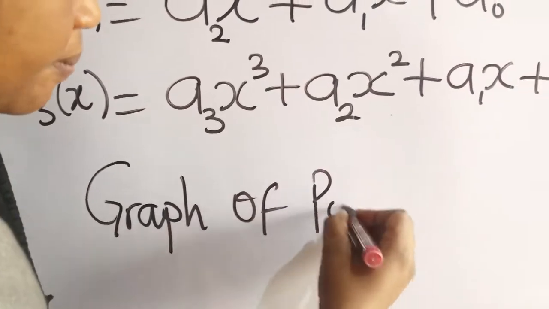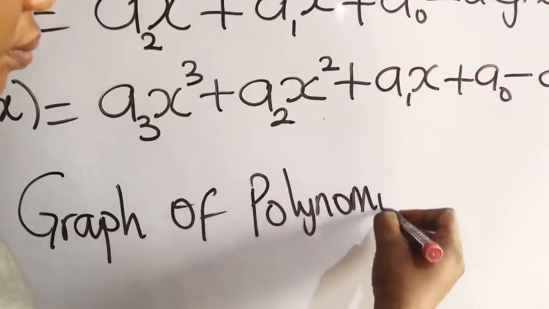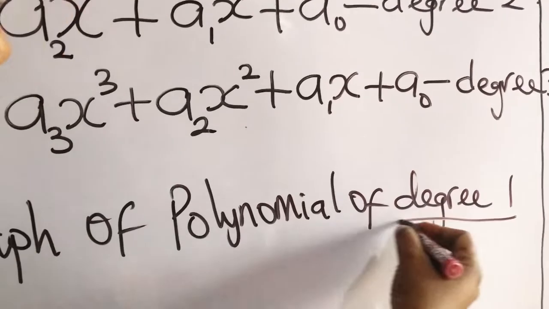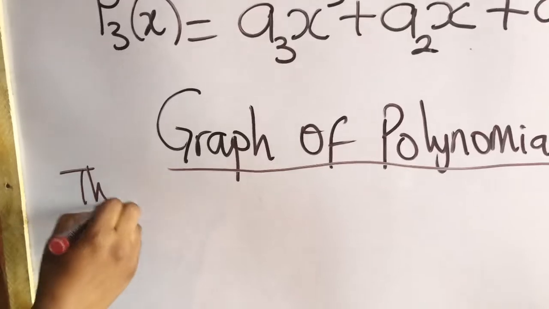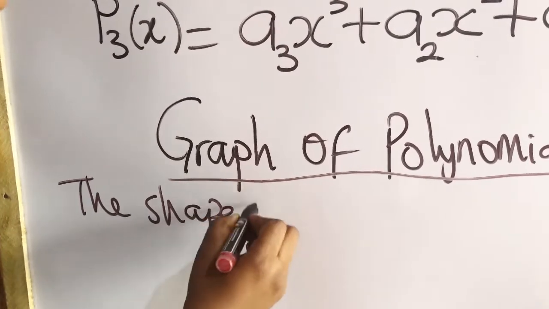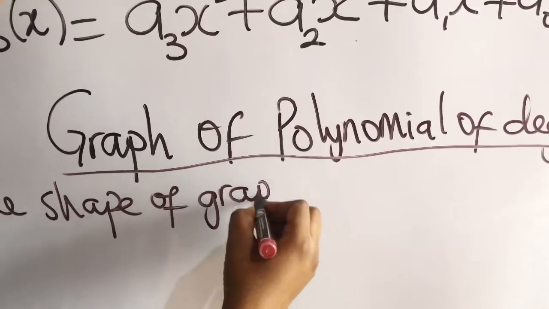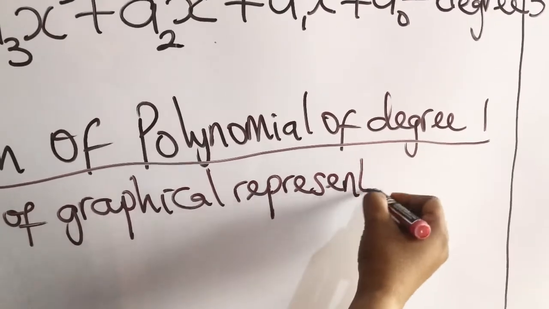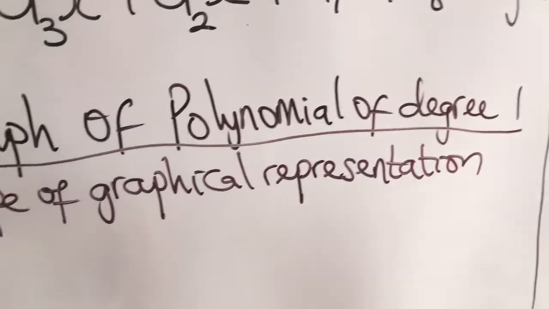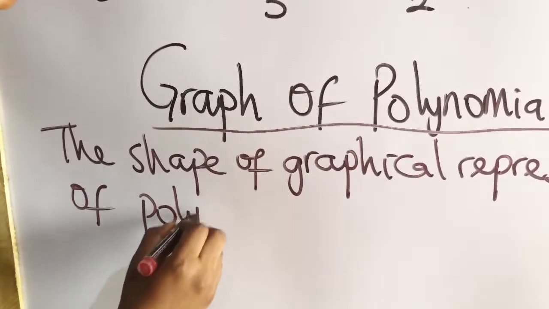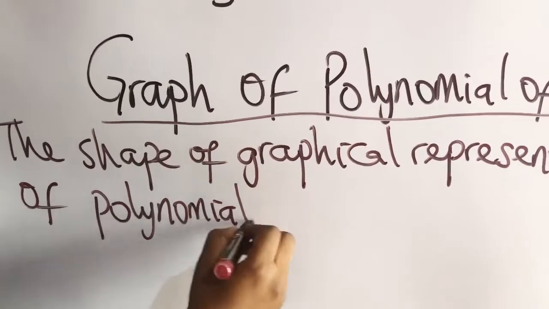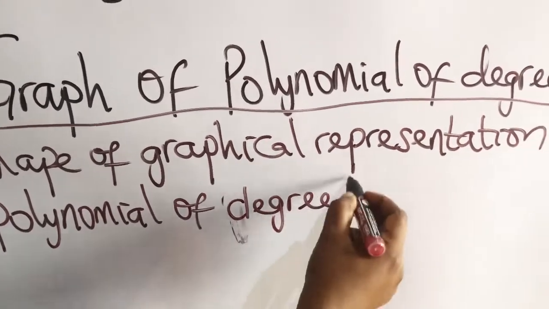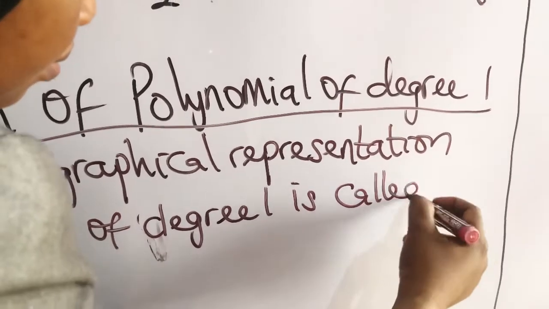So the shape of graphical representation of polynomial of degree 1 is called a straight line.